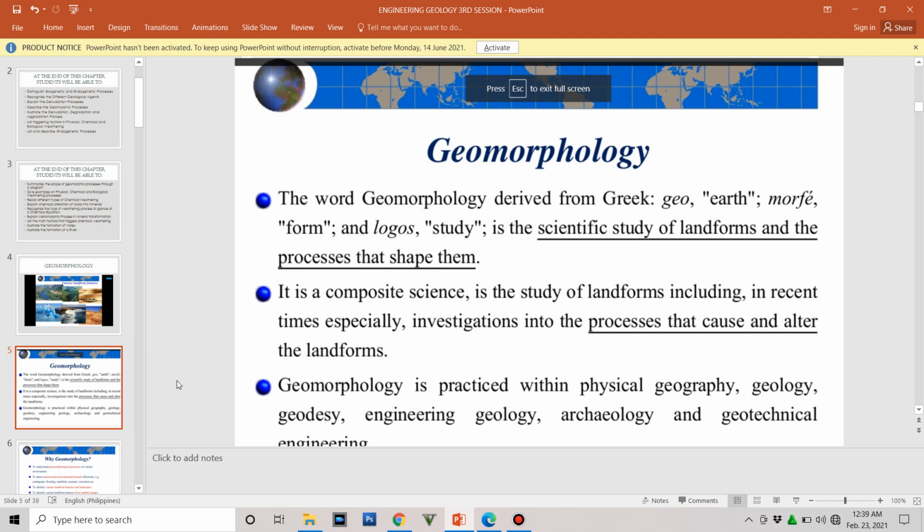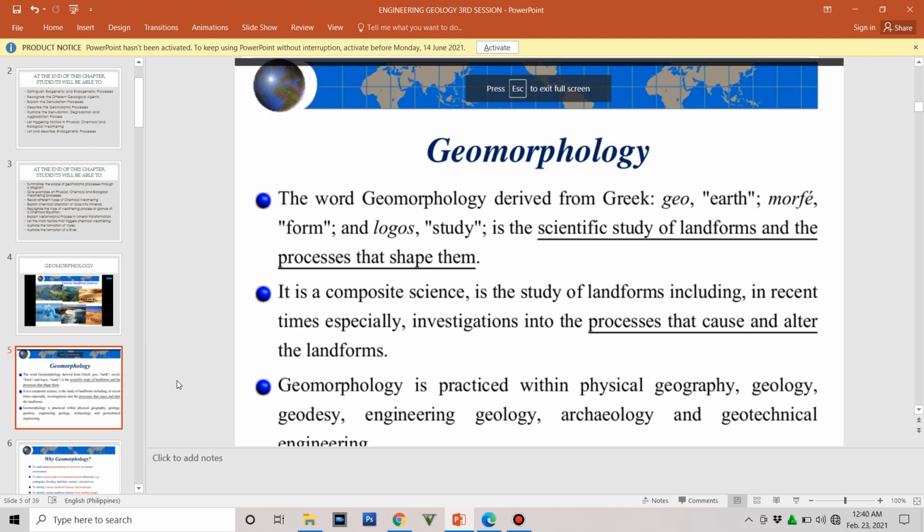Well, geomorphology is a basic criterion on some hazards. When we deal with natural hazards or geological hazards like earthquake, landslide, and liquefaction, we have to deal with geomorphology.